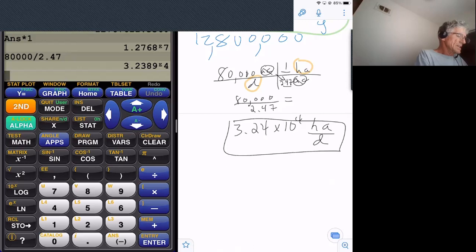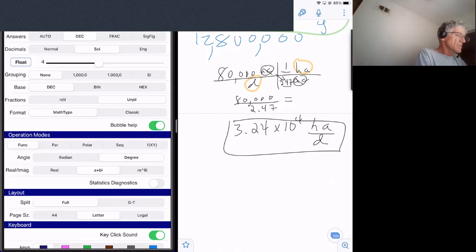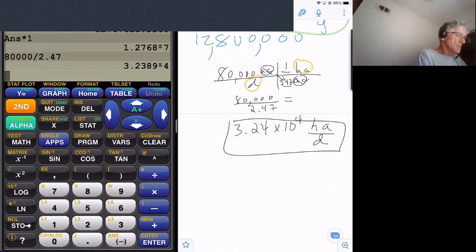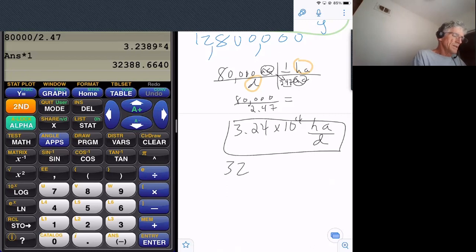Again, if you want to change this to the other form, hit your mode, go to normal, and then take it from there. I just multiplied by 1. And so you could have said 32,400, because the 8 makes the 3 go up, hectares per day, if you want to put it in the other form.